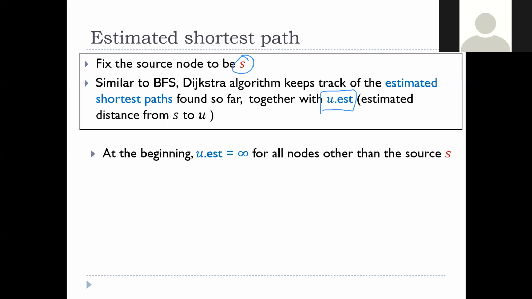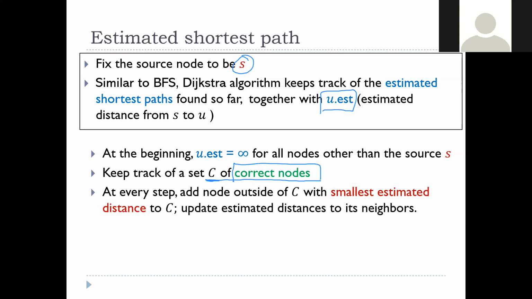At the beginning, all the nodes have an estimate distance of infinity, other than the source, which has a distance of 0. The algorithm will also keep track of a set C of correct nodes. The nodes in set C are the ones we have already explored and whose shortest path distance we have computed correctly.